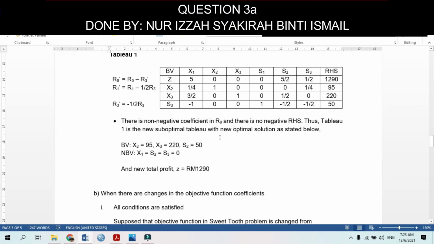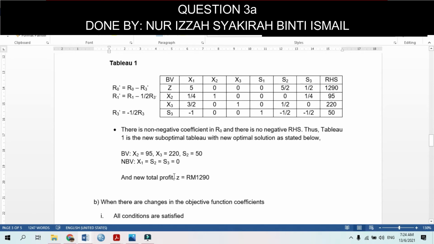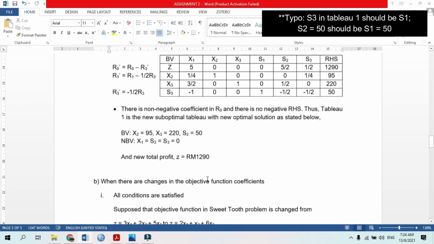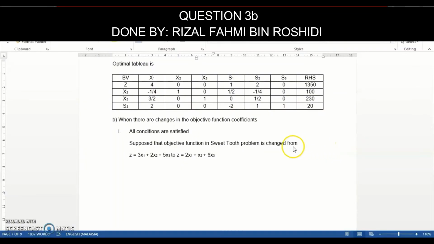Then, we obtain the new optimal solution as stated below, which is X2 equal to 95, X3 equal to 220, S2 equal to 50. Meanwhile, X1, S2, and S3 are equal to 0. While the new total profit, Z, equal to 1290.